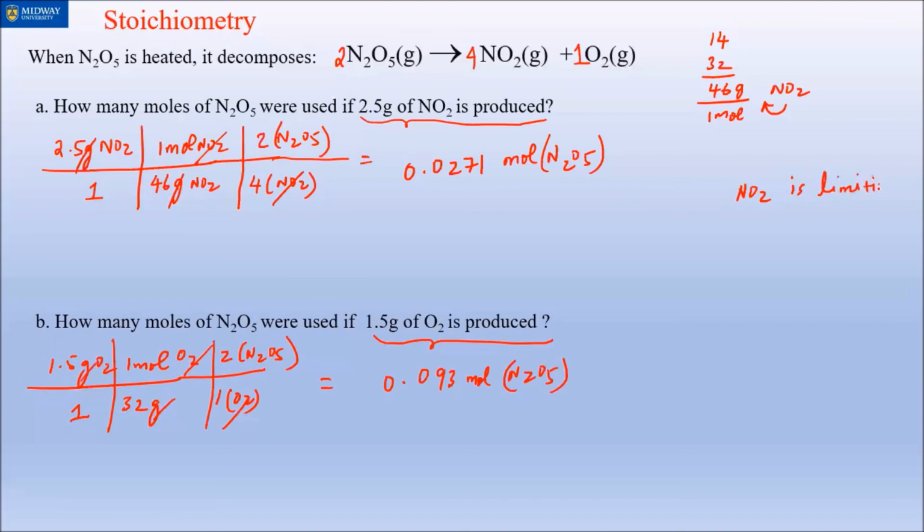That means the other one, O2, is in excess. Hypothetically speaking, although that's not in the question, this is an extension of knowledge, right? Very good. And that's pretty much it.